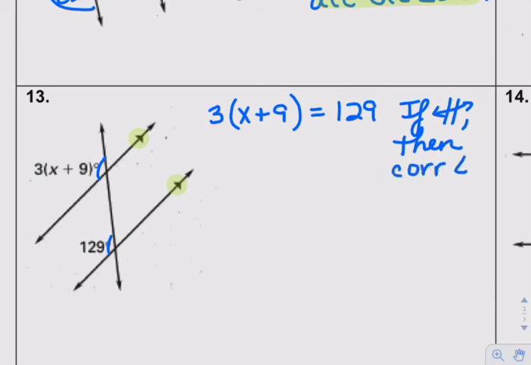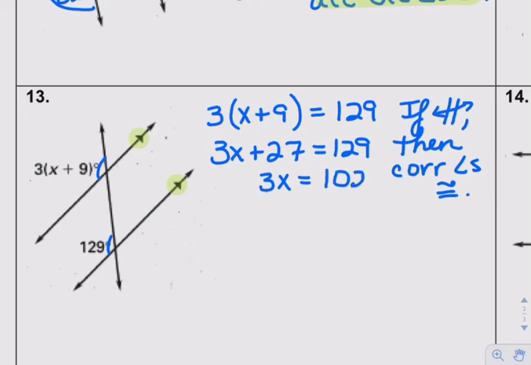Corresponding angles are congruent. So 3x plus 27 equals 129, which makes 3x equal to 102. And that'll be, no, wait, did I do something wrong?